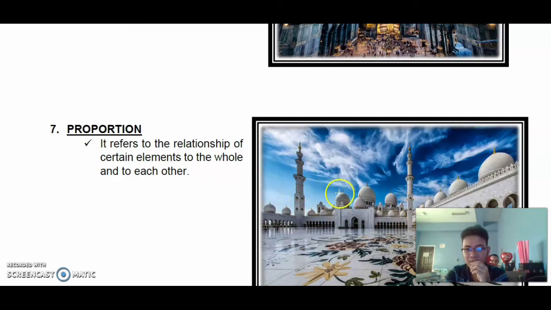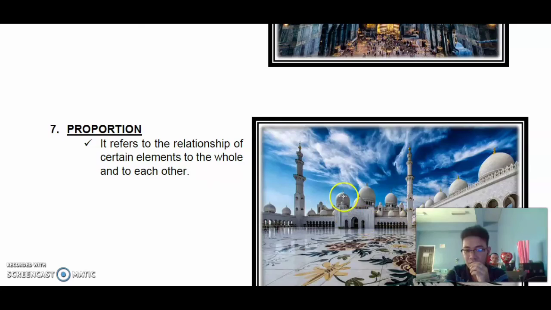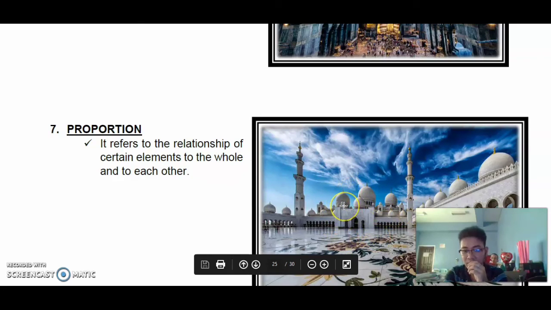However, on this building, maybe these two have a significant purpose on the center part of this building. So the proportion there is that they are not created the same in volume, or they're not the same in color, or they're not the same in purpose as the center part of this building.